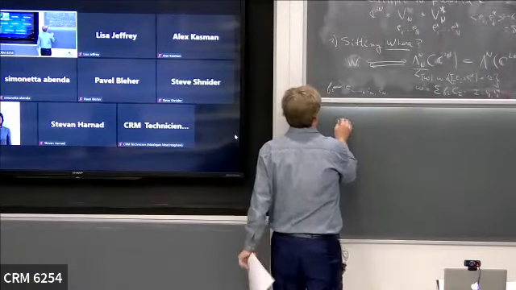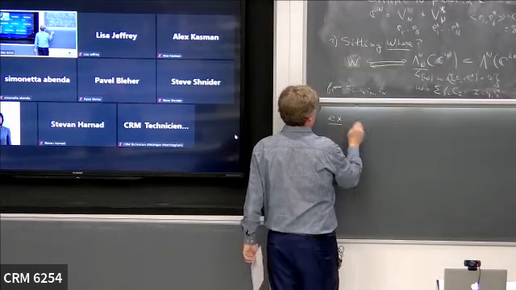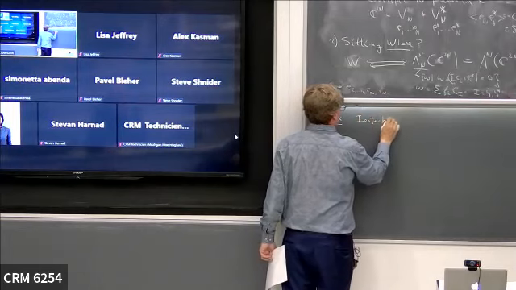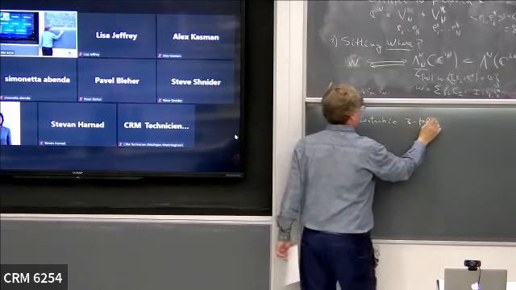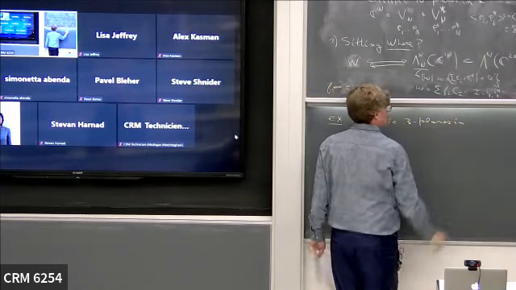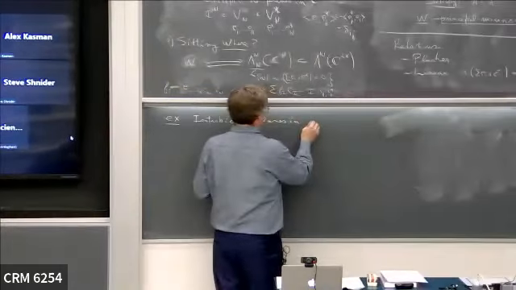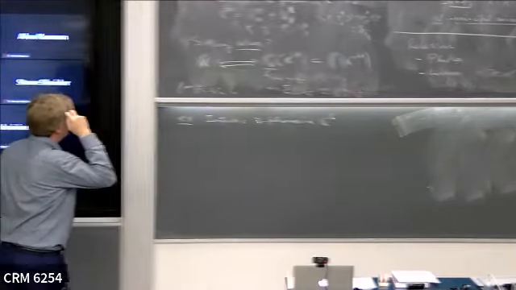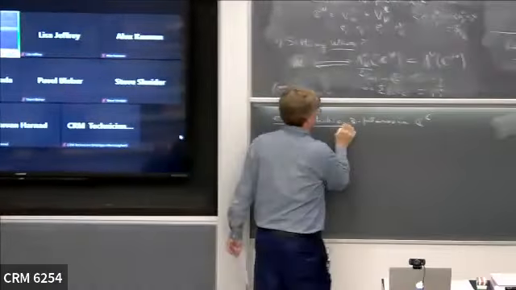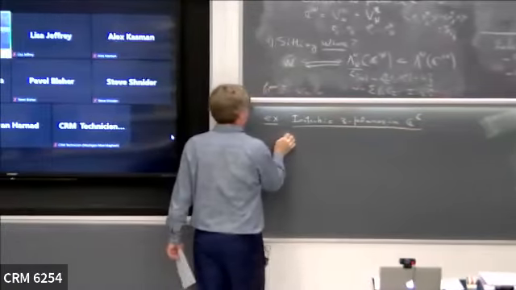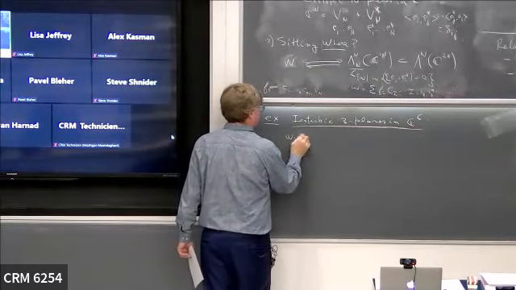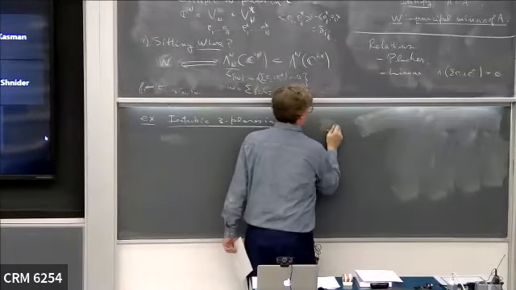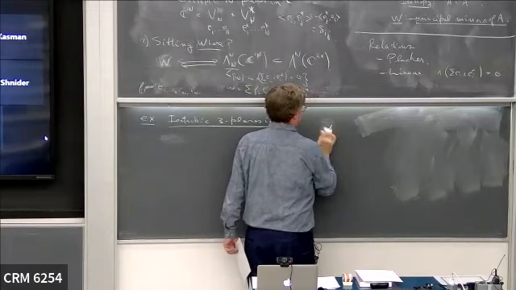So I'm just going to do an example, which is isotropic three planes in C6. So the W coordinates, if you want. I'm going to take an element of wedge 3 of C6.